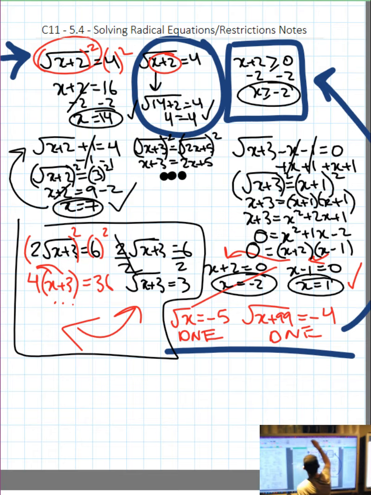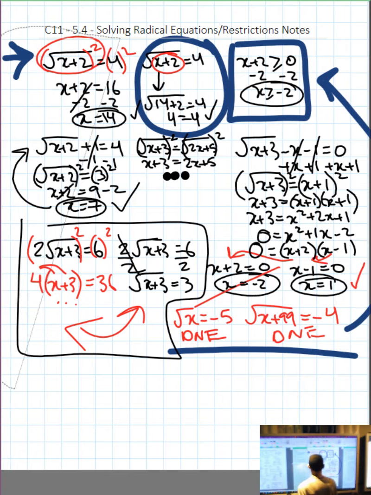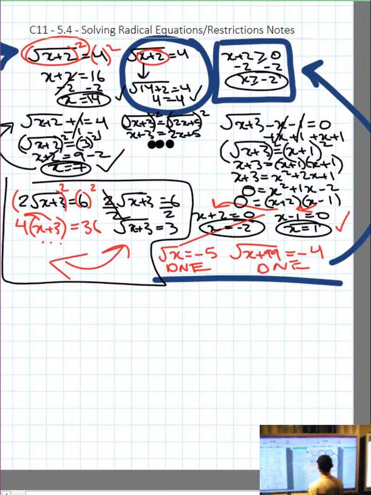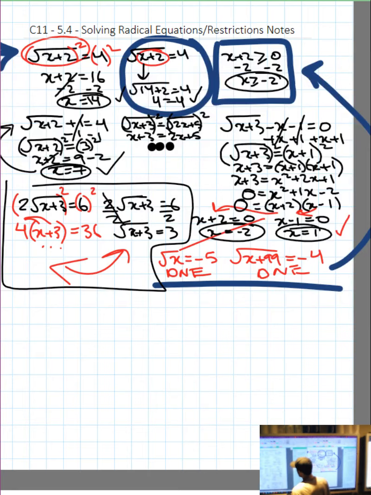Okay, I need to shrink this up a ton. Okay, so we're kind of right middle below the no solution squares. So let's go for root of x plus 1 equals the root of x plus 1. Now, I told you earlier that you had to isolate a root to square both sides. Technically, right now, one of the roots is isolated.